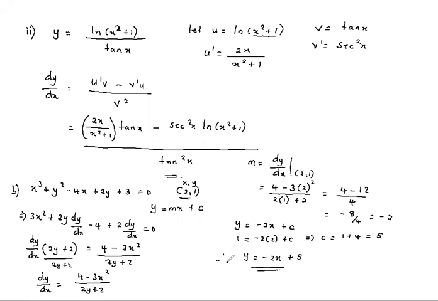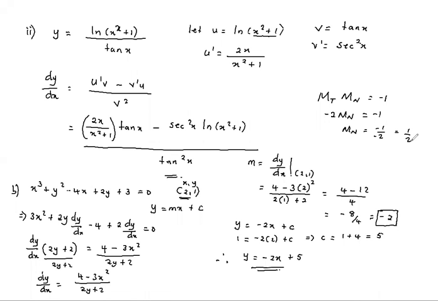If we are asked to find the normal line, the difference would have been the gradient. This is where we say the gradient of the tangent multiplied by the gradient of the normal gives negative 1. So here I would have said negative 2 multiplied by the gradient of the normal is negative 1, which means the gradient of the normal is negative 1 over negative 2, which would have been a half.